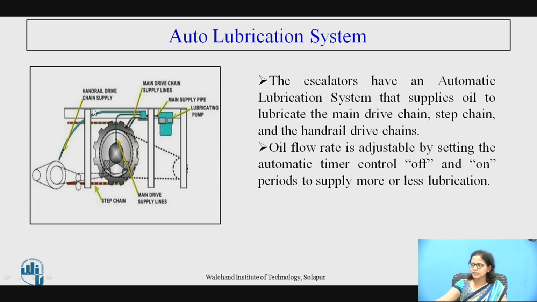Here you can see this is the handrail drive chain supply and this is the main drive chain supply lines, and you have a main supply pipe and the lubricating pump. Below you have the step chain and this is the main drive supply lines.